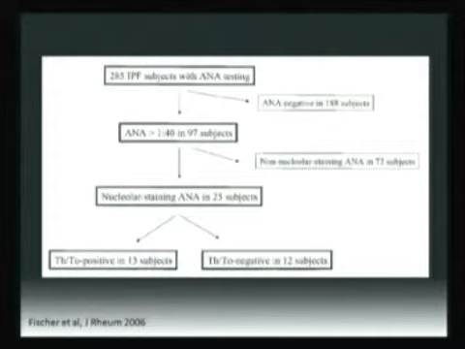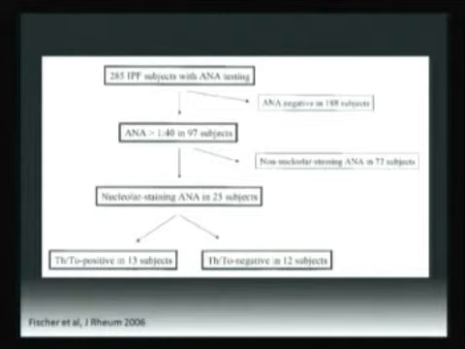This is a study by Ari Fisher, he works in Denver, showing that the low-level ANA titers are very non-specific, and they can be found in up to 25% of patients with IPF. Are they different from patients without ANA titer and IPF? Probably not.